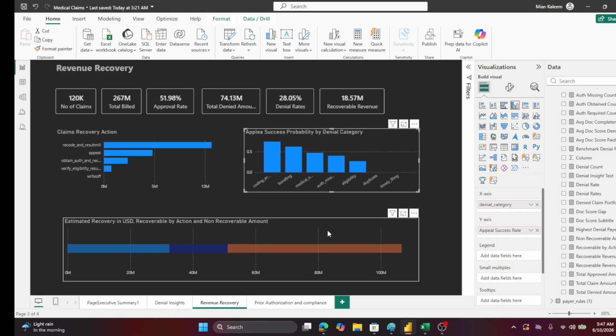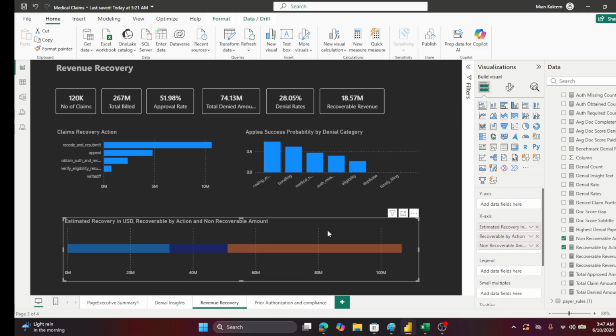And then we have estimated recovery in US dollars, recoverable by action and non-recoverable amounts. This amount is the estimated recovery in USD. This is all calculated by the probability of these claims. When we complete the dashboard, we'll show you how the estimated recovery is calculated.